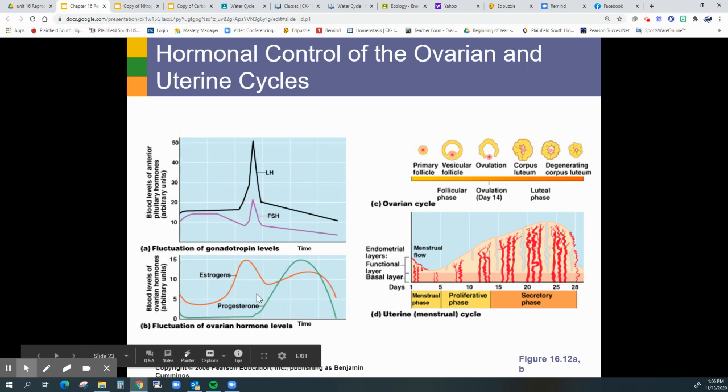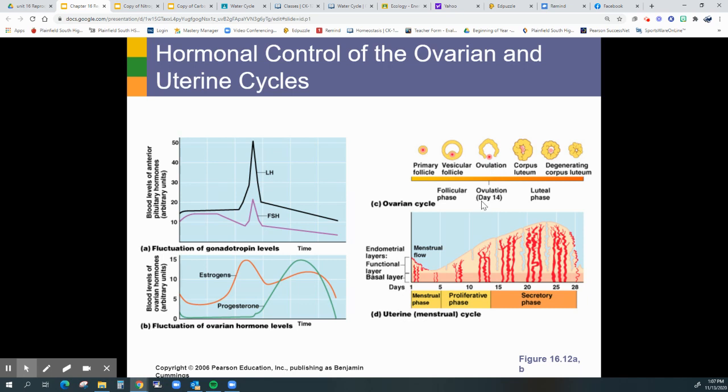You can see this is the cyclic process of the 2 hormones. There's a huge spike of both LH and FSH during that time. And then this shows you the progression of the ovary in relation to the menstrual cycle. We start to get this primary follicle, so that primary egg cell, at days 1 to 5.